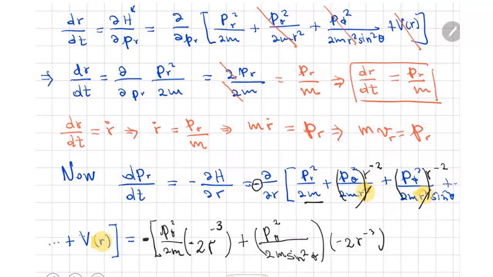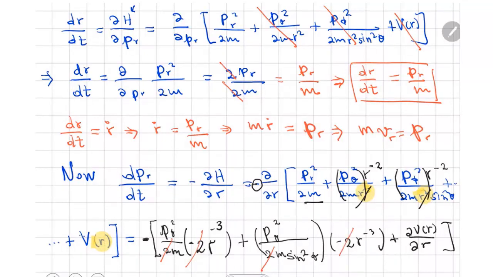And the next term is the derivative of V(r) with respect to r, and it's going to be an implicit term because we don't have the explicit form for the potential. So what we get here is these two cancel with this.